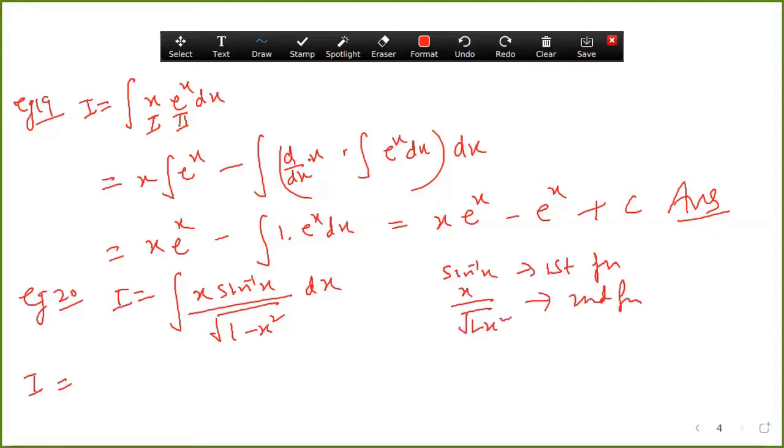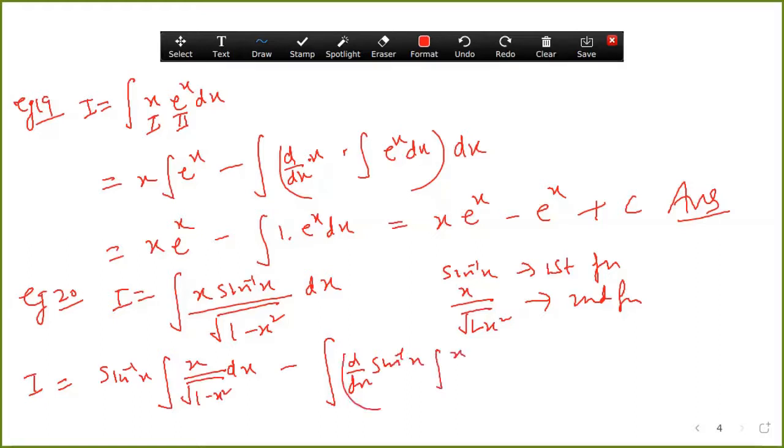Now the question can be done like this: sine inverse x integration of x upon under the root 1 minus x square dx minus integration of derivative of sine inverse x and integration of x upon under the root 1 minus x square and dx.